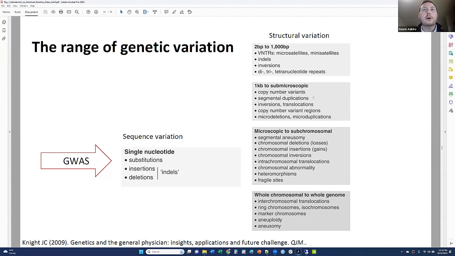So all of that is to say, most of what we're going to learn in this course is going to be focused on sequence variation, but copy number variants are an increasingly exciting area in complex trait genetics as well. It seems like they have pretty big effects on complex traits.